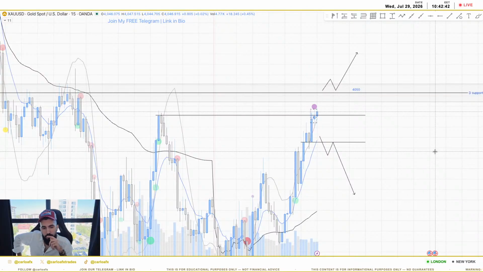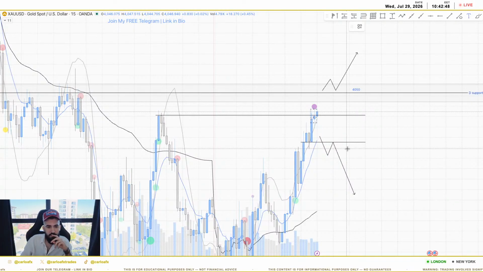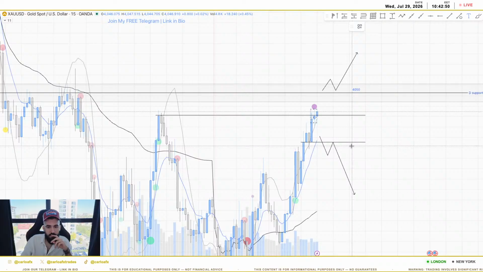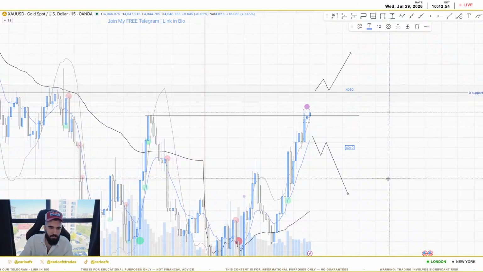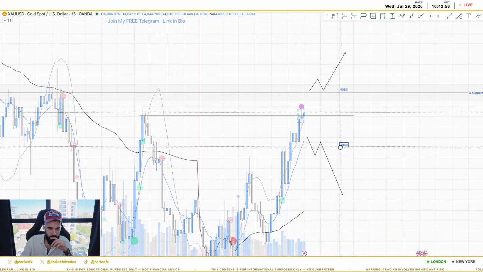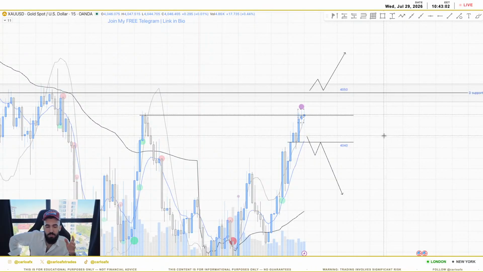From 4050, or we can go with a sell from 4040. Rounded numbers, it's nice. Psychological levels. Institutions are trading from these rounded numbers with 0 or 5 at the end.